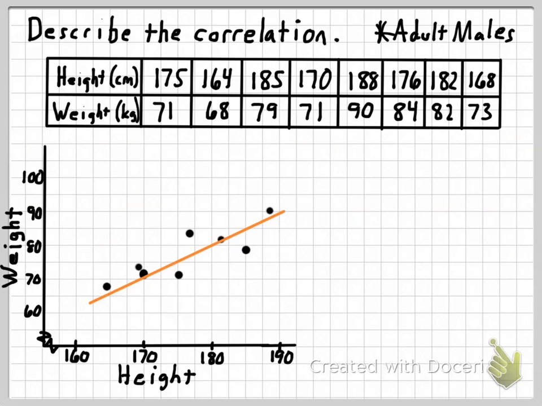Although I think if you actually collected hundreds and thousands of data values for this, you'd probably find a very strong correlation between height and weight. Okay? But for this data set, we would say this.